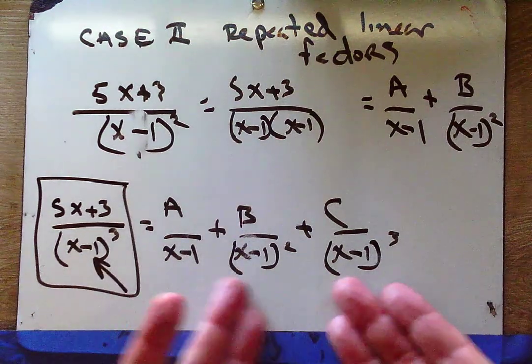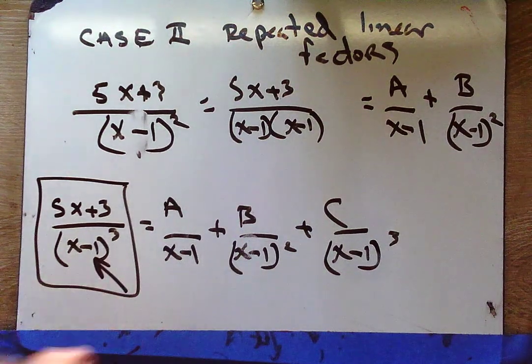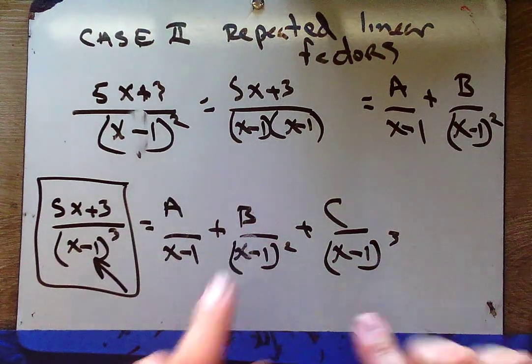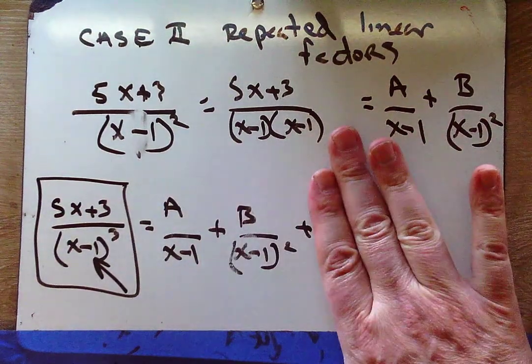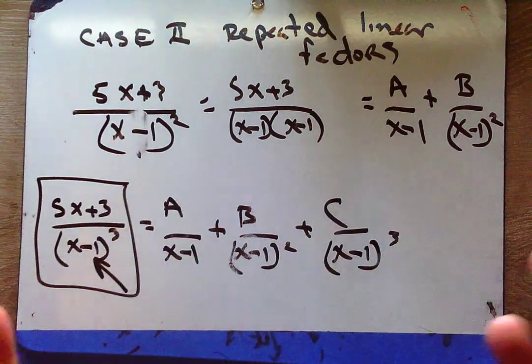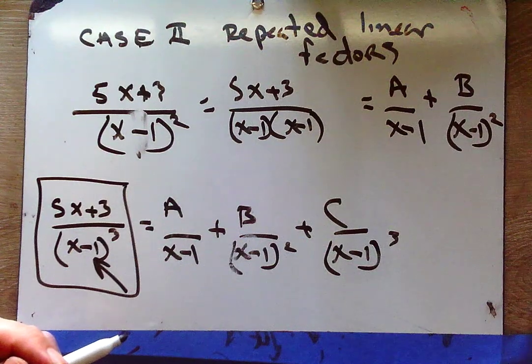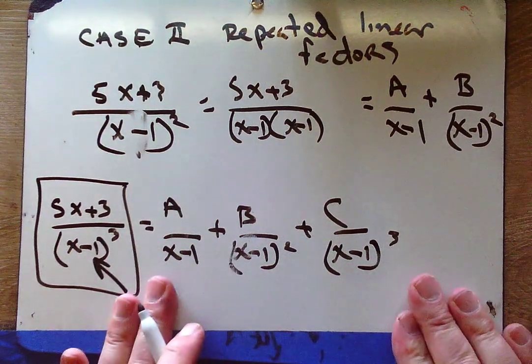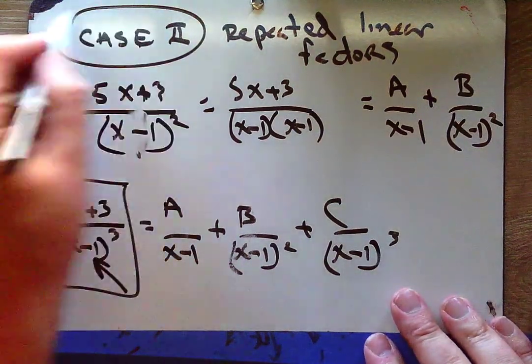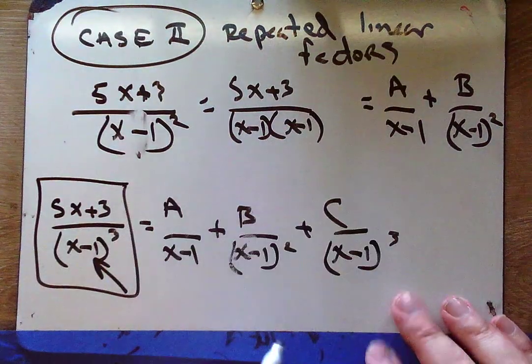Well, maybe, I don't know, all I saw was white flour. So I have to consider all of these. It may turn out that b is 0. It may turn out that c is 0. It may turn out that a is 0. At the beginning of the problem, I don't know. And so I have to lay out all the possible combinations. Okay? That's what case 2 is about, when I have repeated linear factors.